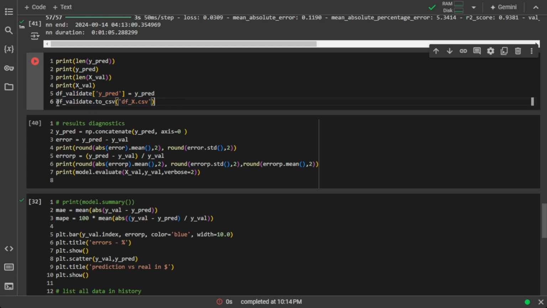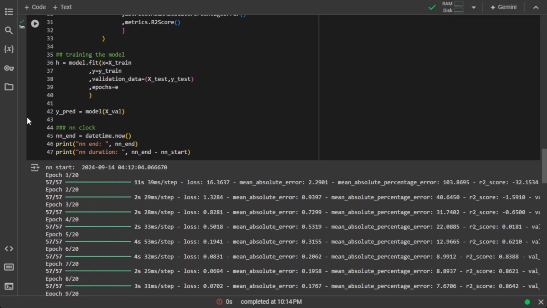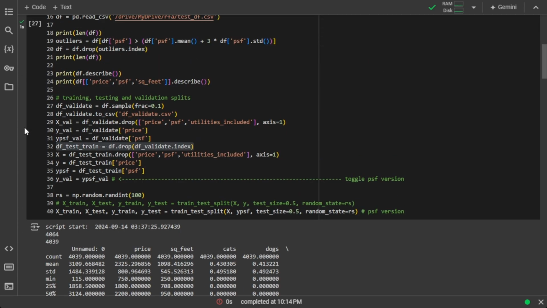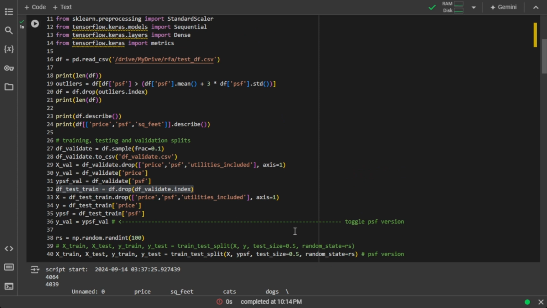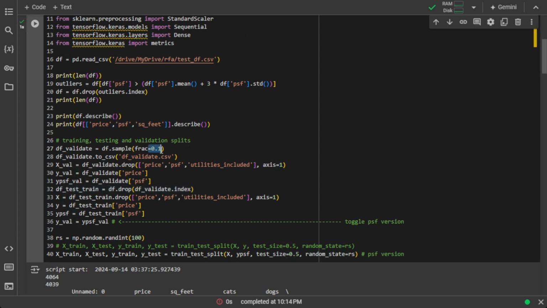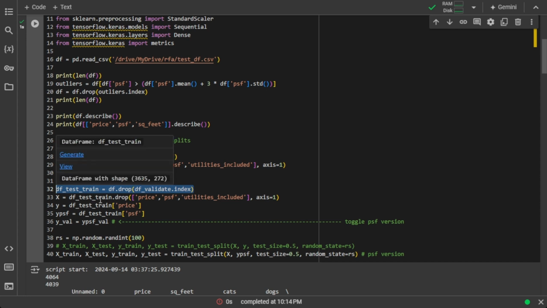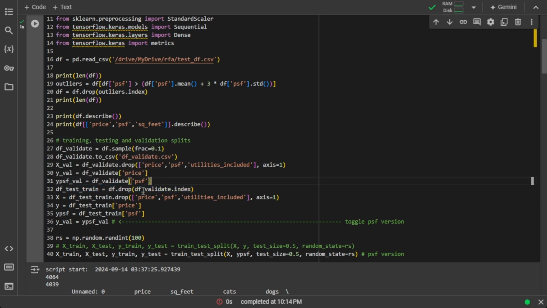So just so you can see, this df validate, that's that 10%, right? And this xval, the inputs, those are the 10% that we sequestered at the very beginning, right here. See, immediately we sequester 10% into df validate, and so df validate gets dropped from the test train data set. So we don't see df validate again until later.